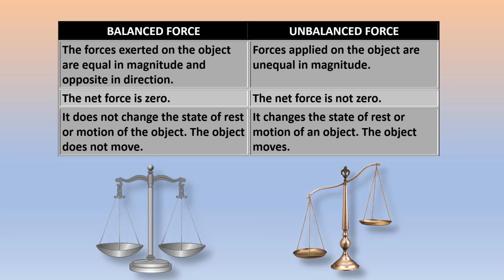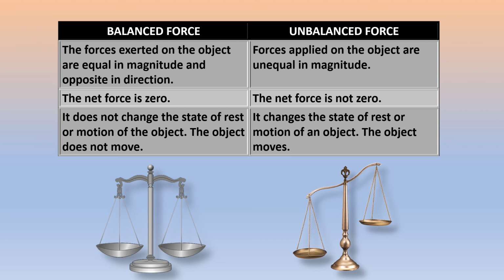Now, another good example of balanced and unbalanced force is the tug of war, the game called the tug of war. Now, if we have two teams who are applying equal force on that rope from the right side and the left side, then the net force becomes zero and the rope doesn't move.